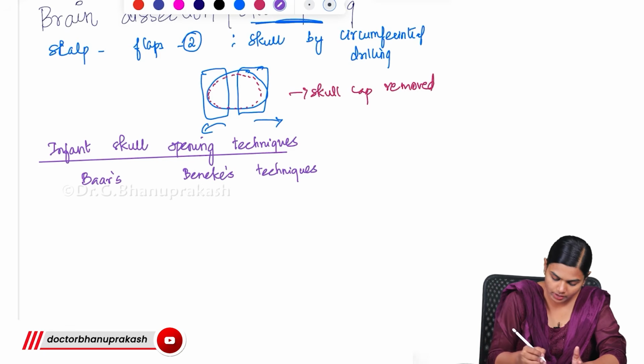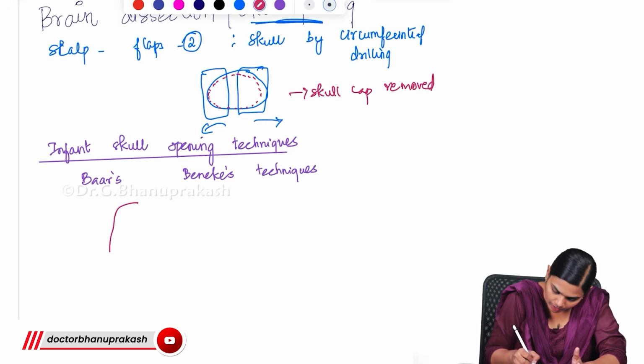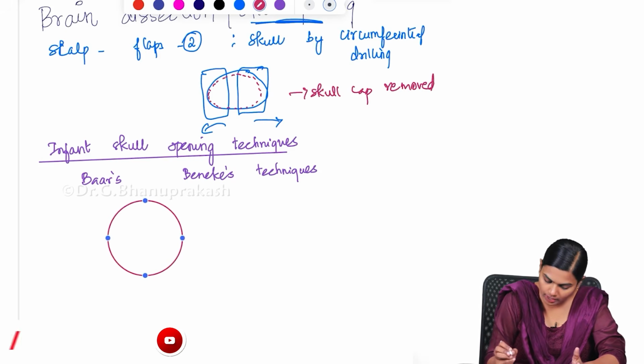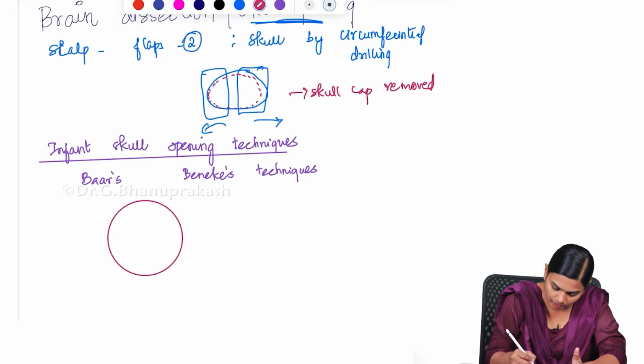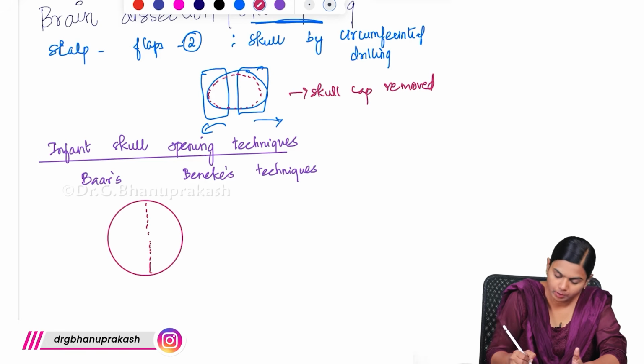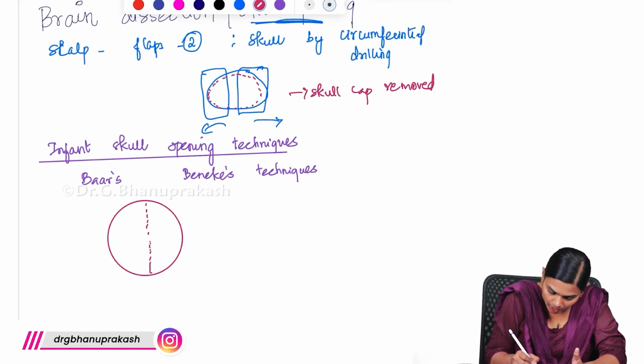Like if this is the skull, this will be the midline, and just lateral to the midline, you will make a flap.